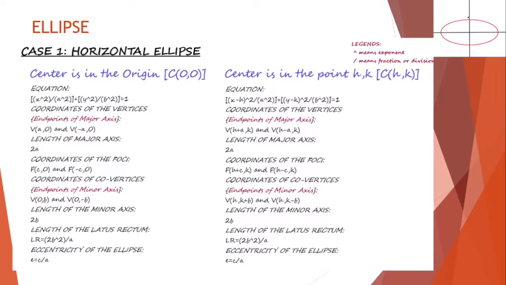If you notice, this is the horizontal ellipse. The center is at the origin, 0, 0.